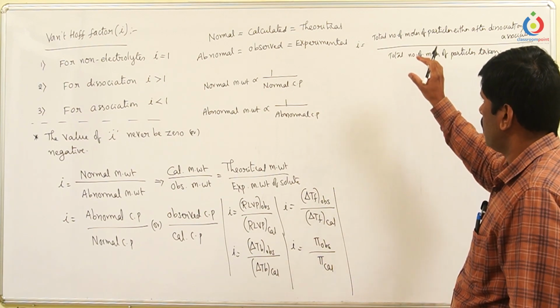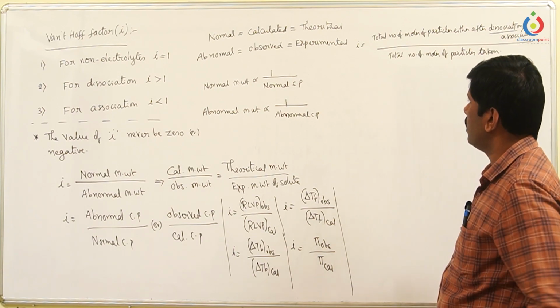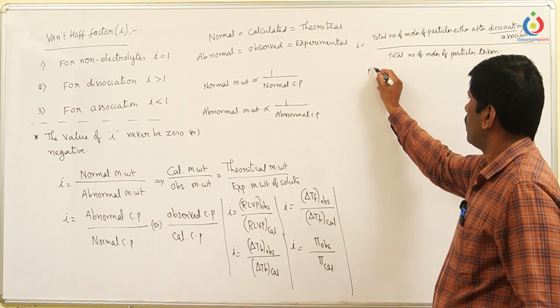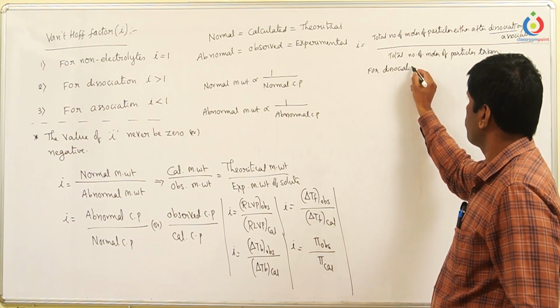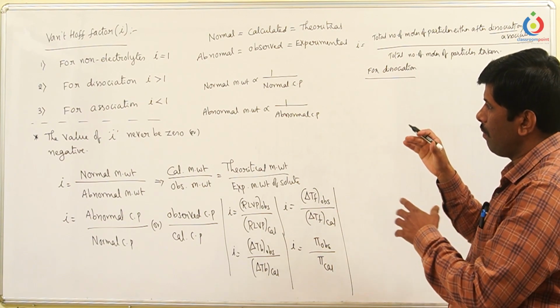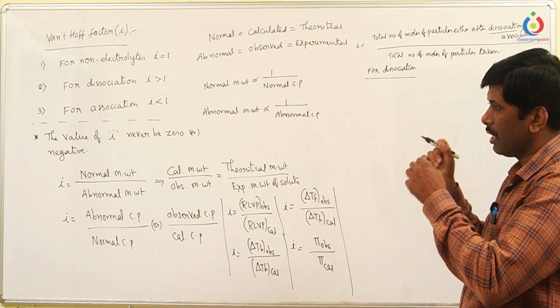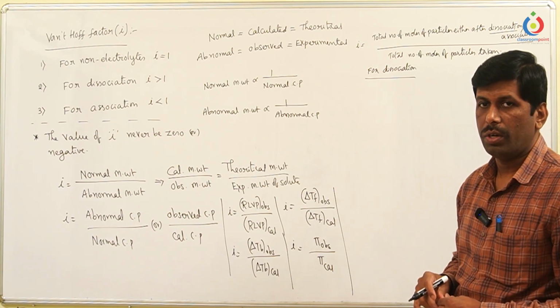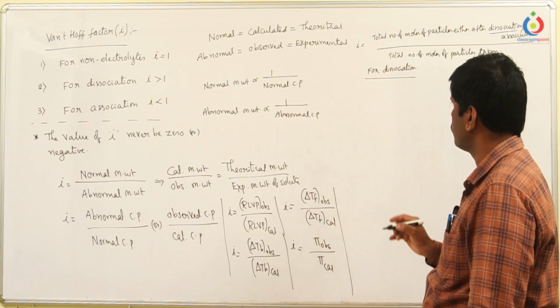So this is the formula, and let us see how to calculate this I value using dissociation. For dissociation, whatever mathematical calculations and formulas we are deriving, these shall finally be introduced into the colligative property formulas. Then we can get a clear picture of how to solve the questions.